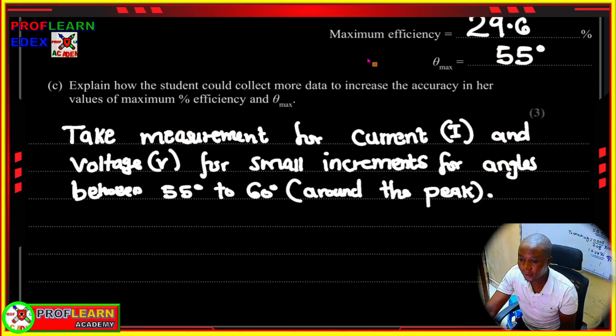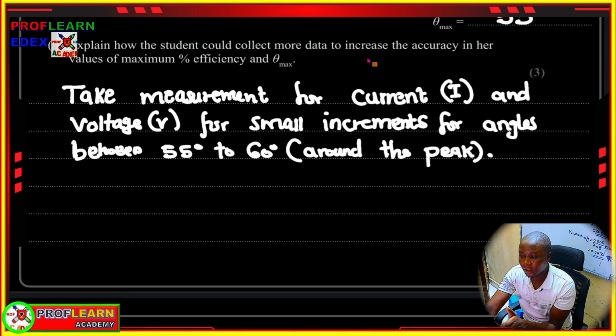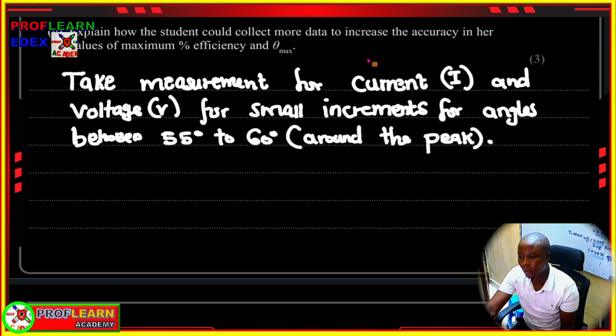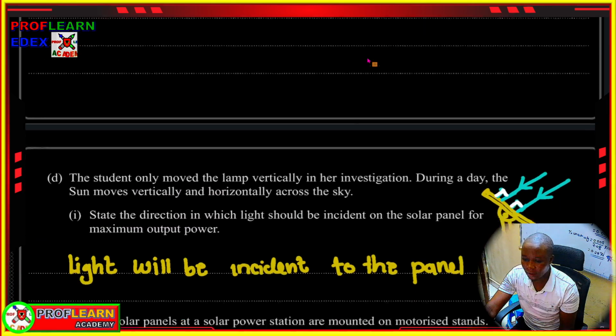So take measurements of current and voltage for small increments of angle between 55 and 60, around where the peak is. You use small increments, and in that way we can get current and voltage and use them to calculate the power, and then use it to work out the efficiency so that our result is accurate.